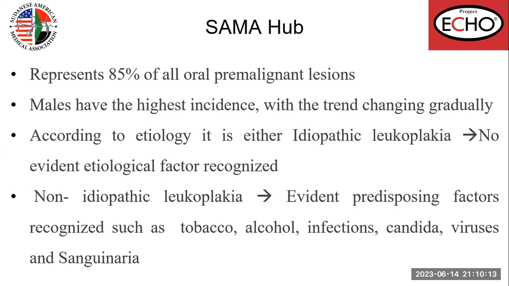Sanguinaria is a herbaceous flower plant that is used as a toothpaste or mouth rinse in some parts of the world. And it was related to the development of true leukoplakia. This type of leukoplakia was called sanguinaria-associated keratosis, and it usually arises in the maxillary vestibule or in the maxillary alveolar mucosa. So it is considered one of the predisposing factors for the development of leukoplakia.